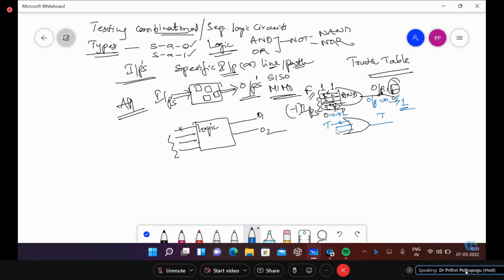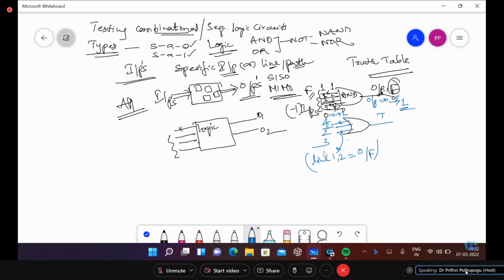I am testing for, say, line 3. Line 1 and 2 should be equal to 1 or 0? 0. 0 or false. Zero. If it is there, we are making 3 contribute to derive the output. Okay, if any fault is happening, say stuck at 0, you want to find what should be the value here?